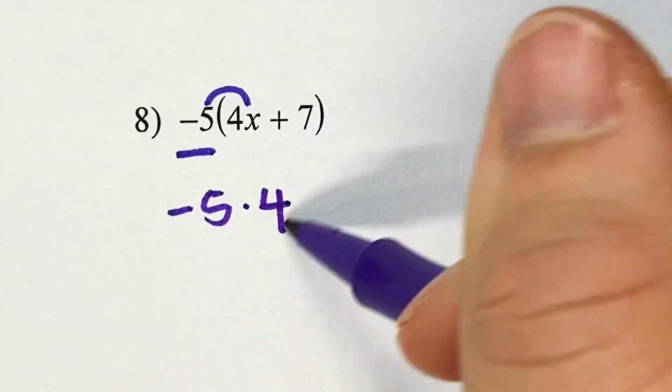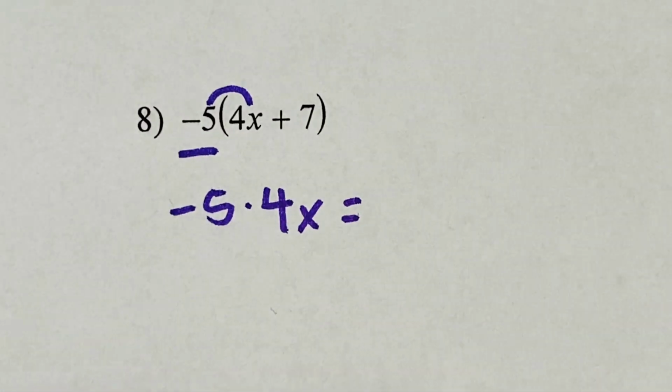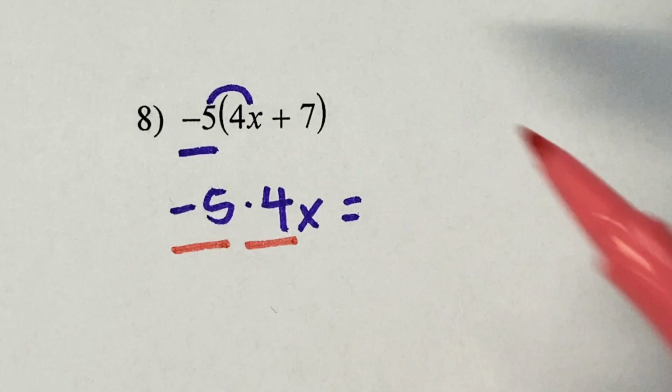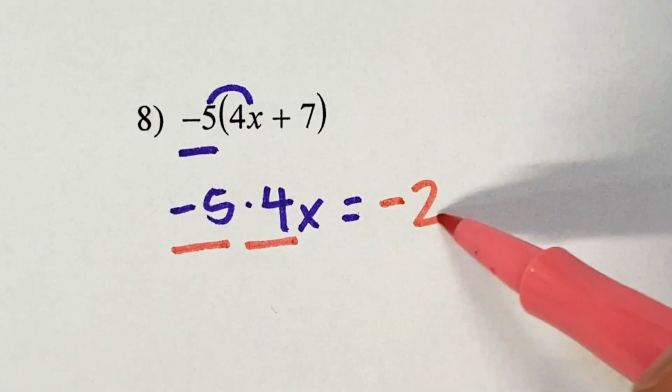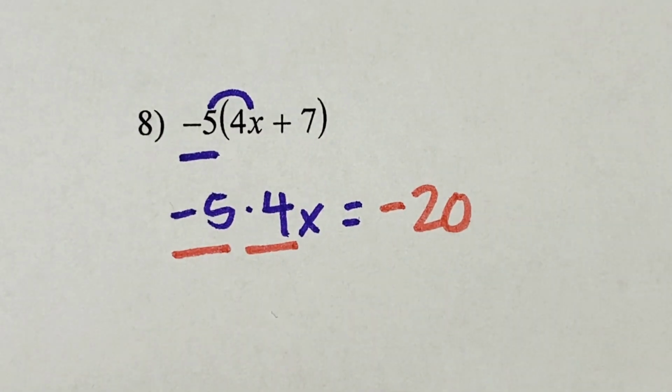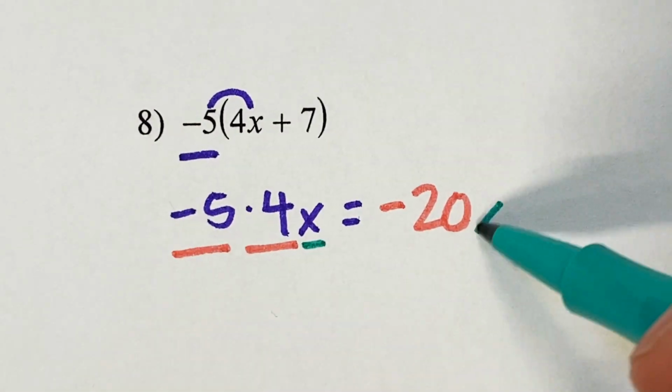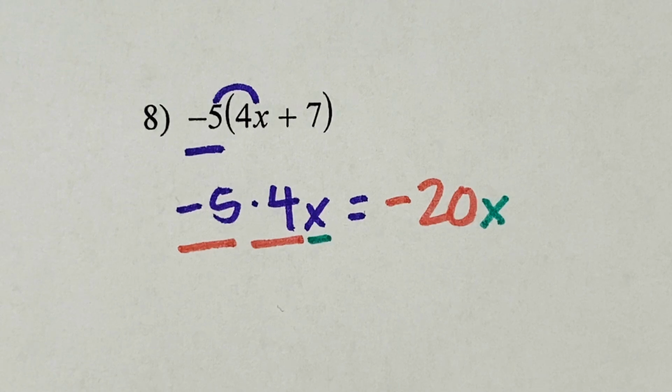Let's just look at the coefficients, the numbers. -5 times 4 is going to give me -20. How many x's did we have being multiplied? Just 1. So -20x.